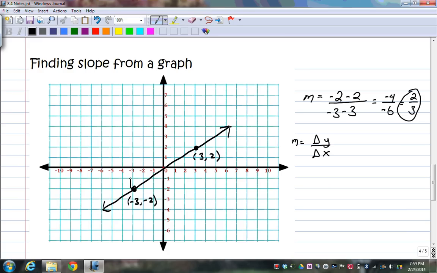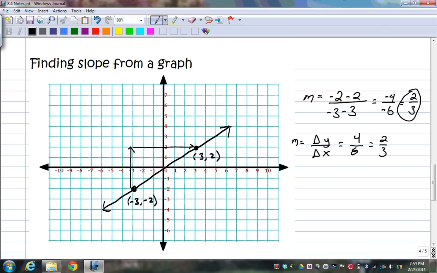You would go 1, 2, 3, 4 lines up. So your change in your y value is 4. And then how many would you have to go to the right to get to the other x value? You would go 1, 2, 3, 4, 5, 6. And it's 4 over 6, which again is 2/3.